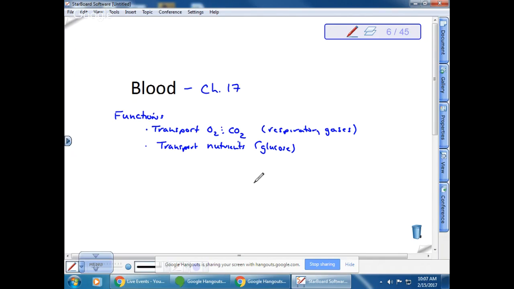So transportation of nutrients, but also other substances, including hormones. So you remember that we talked about the different types of glands that are in your body, and the endocrine glands, which include like your pituitary gland, release hormones like growth hormone, and growth hormone travels throughout your body, and then it binds to different targets.